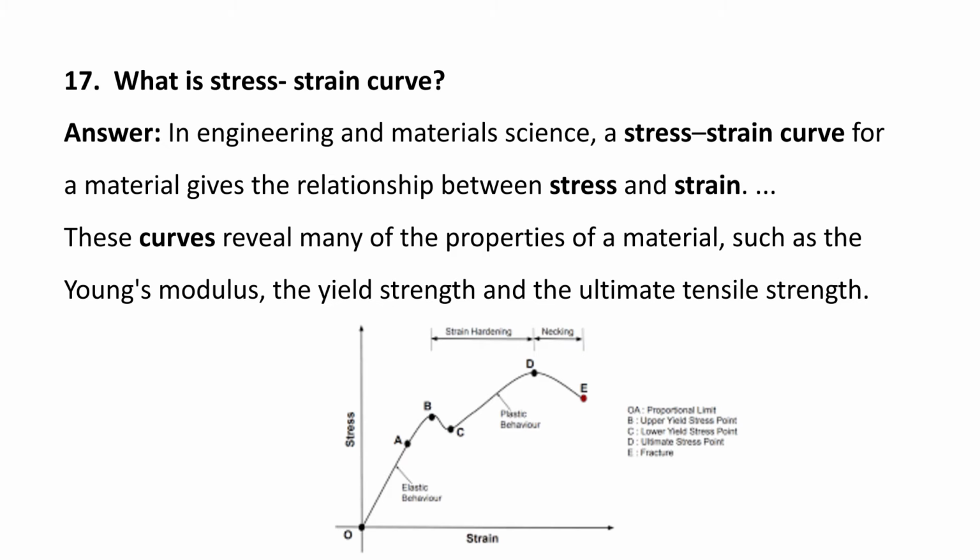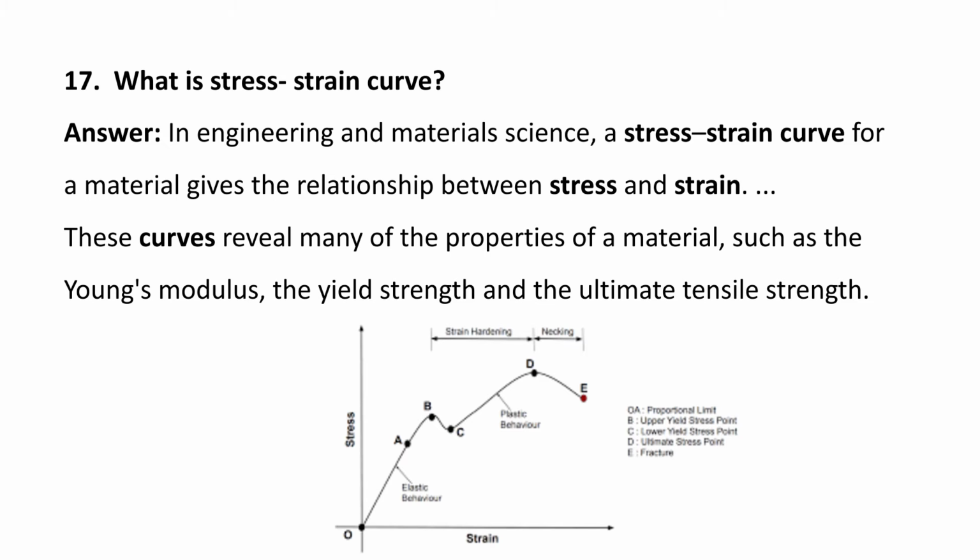This curve reveals many properties of the material such as Young's modulus, the yield strength, and the ultimate tensile strength. Up to the elastic limit, the stress is directly proportional to the strain, and this will give you Young's modulus. Then it will give you the yield strength of a material and the ultimate tensile strength.